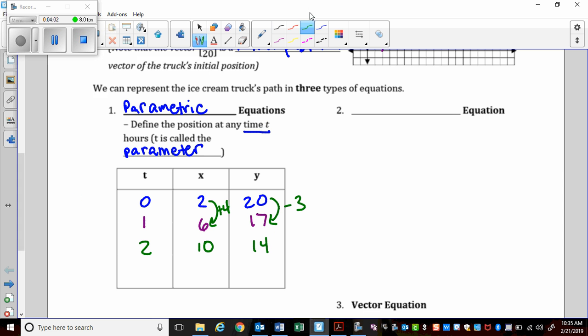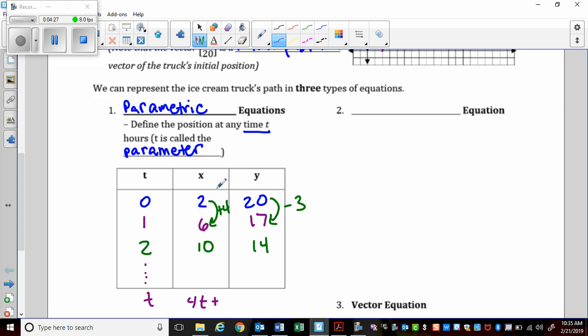What we really need is an equation. So this is just going to be our t. But how does this relate to x? Well, let's see. If I keep on adding 4, it looks like it's just going to be 4t. But I have to add what I started with.